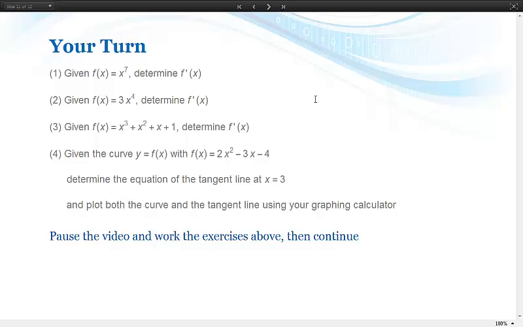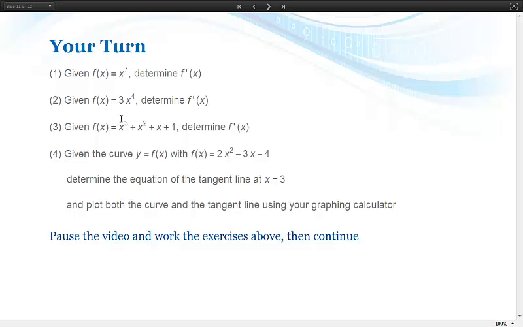Your turn. So for these 4 cases, please do the work. Find the derivative of x to the 7th, without using the limit definition. You can now use the rules we developed here. Find the derivative of 3x to the 4th.